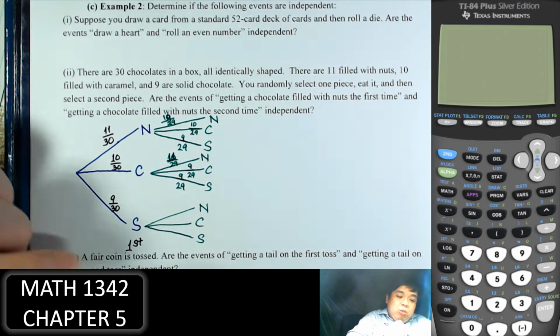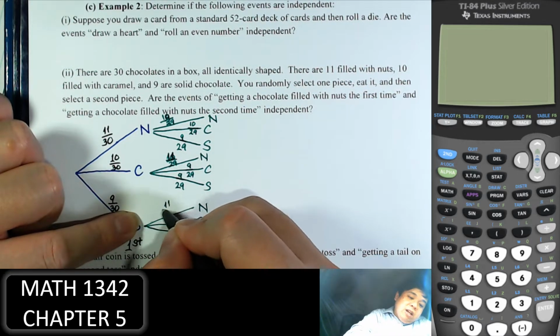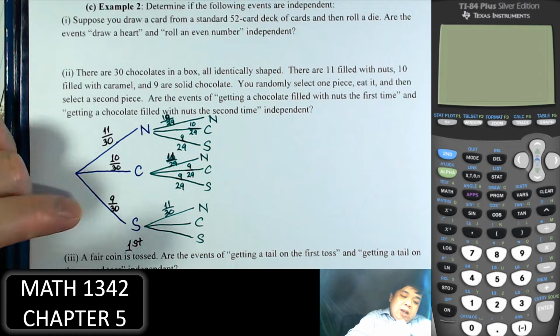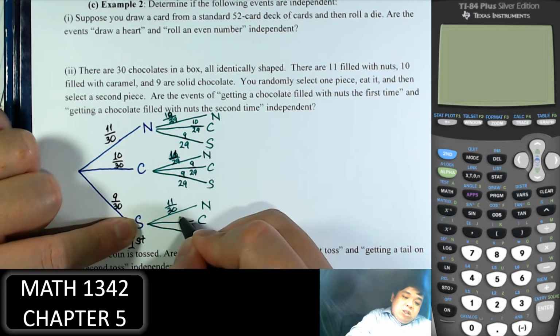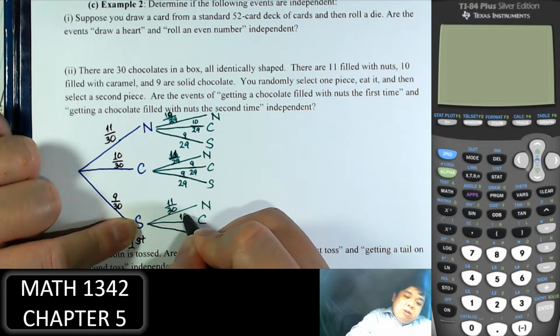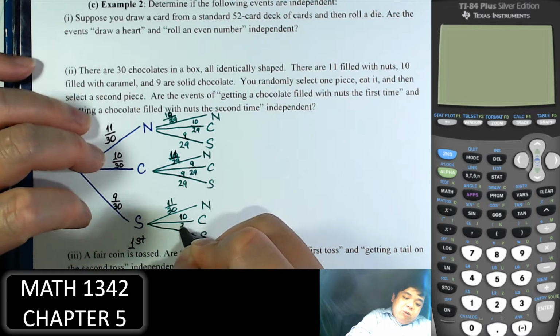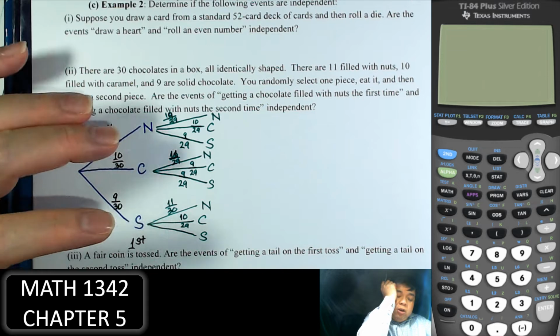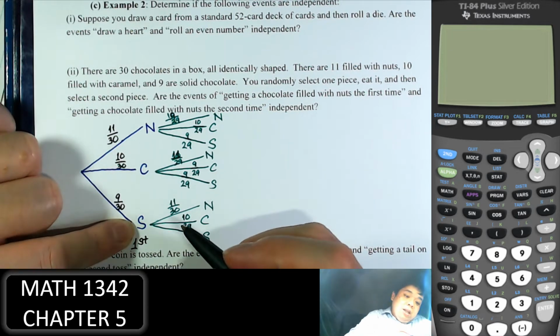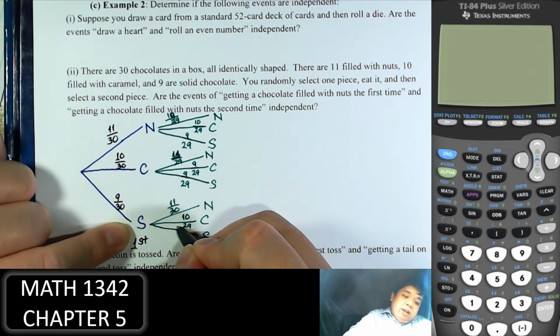So if the first one is solid, we still have 11 nuts out of 30. If the first one is solid, we still have 10 caramel out of 29. And if the first one is solid, we only have 8 solid left out of 29.